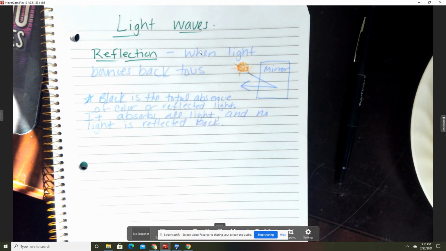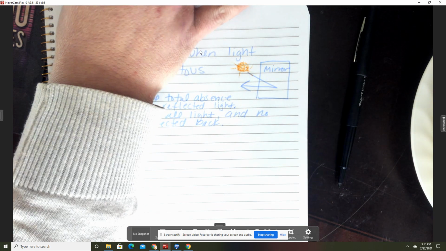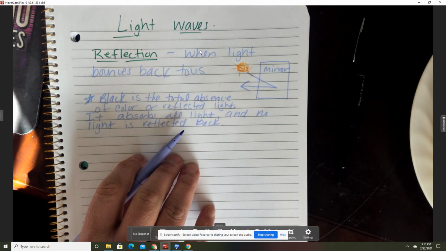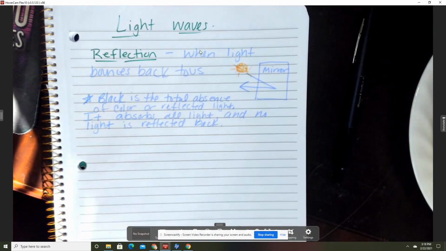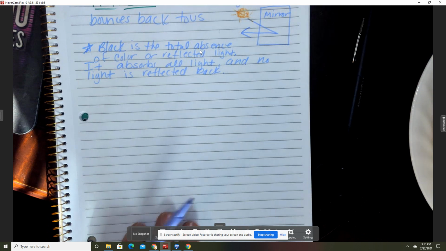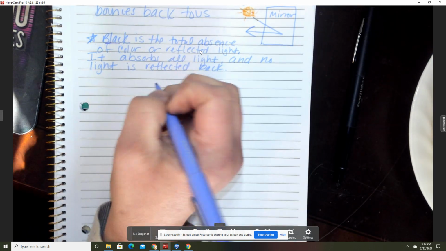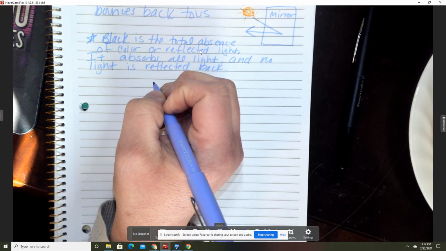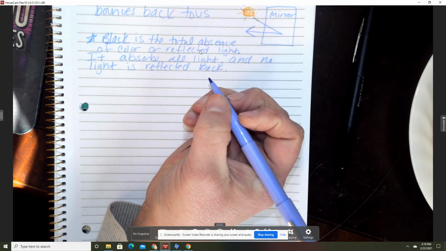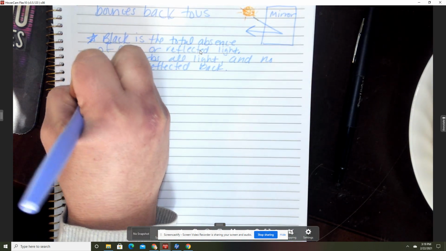White is actually not a color either, and white reflects all of the colors. So all the light is reflected when white is present.